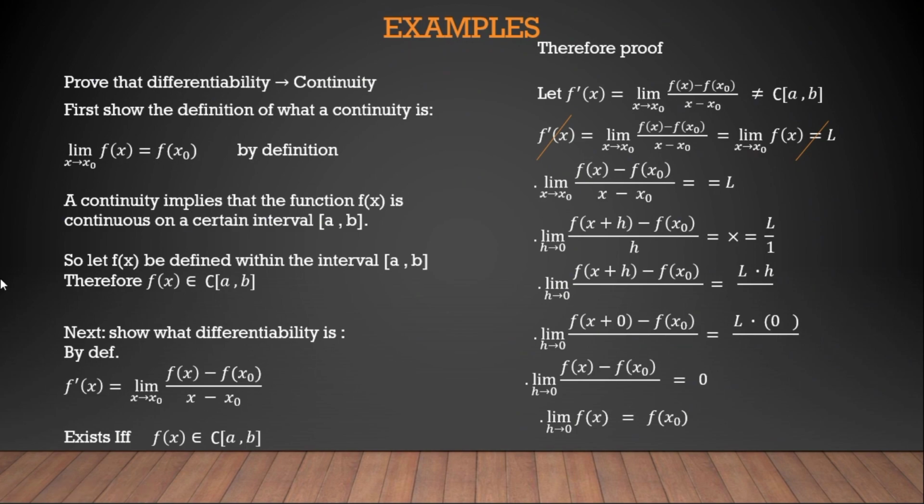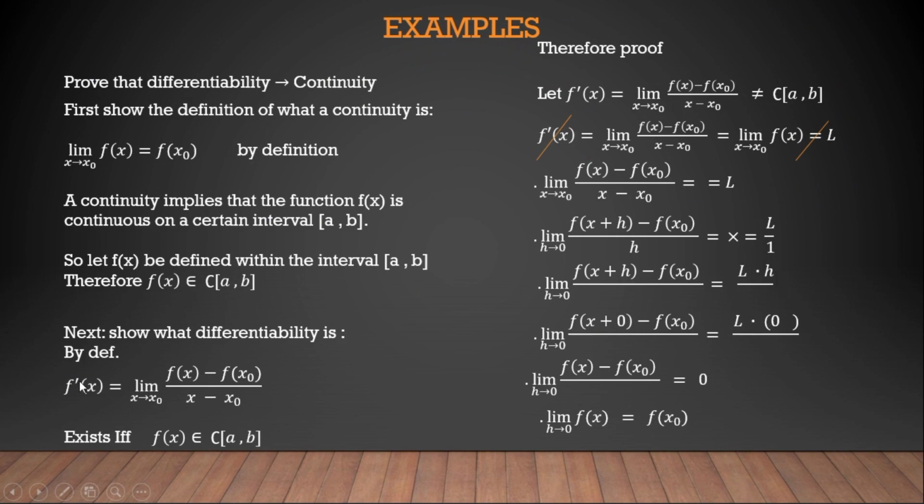So continuity implies that the function f of x is continuous on a certain interval a comma b. So let f of x be defined within the interval a comma b. Therefore, f of x is a member of the continuous functions on a comma b, right? Good. So next we show what differentiability is.